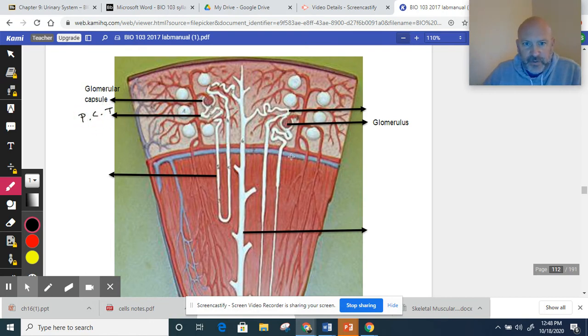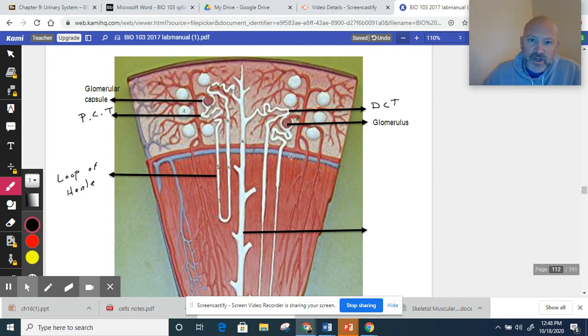the proximal convoluted tubules. From the proximal convoluted tubules, the filtrate would then extend down the descending limb and then up the ascending limb of the loop of Henle. And then the filtrate would eventually end up in the DCT, which they have labeled over here, before draining into this collecting duct.